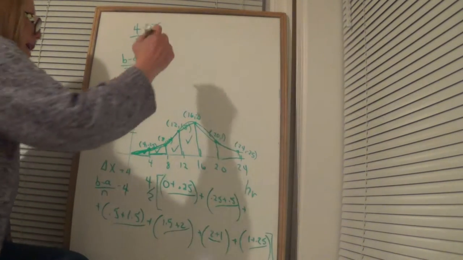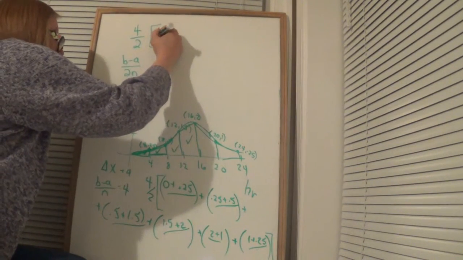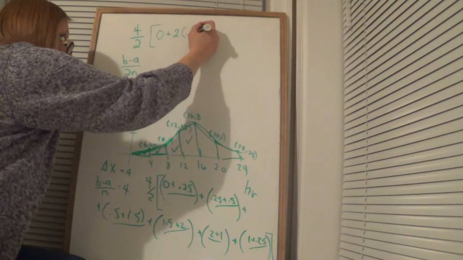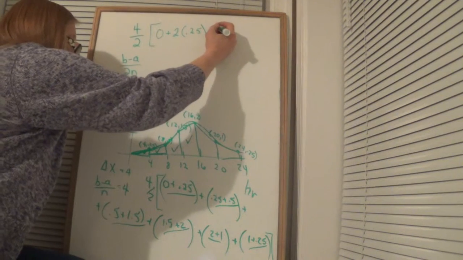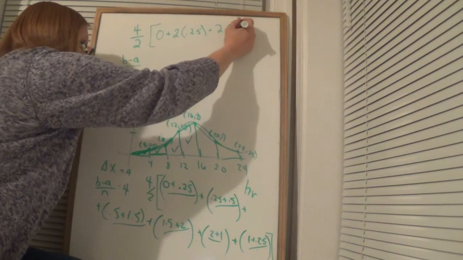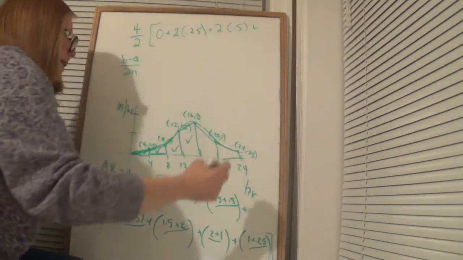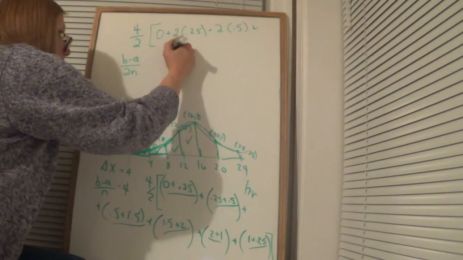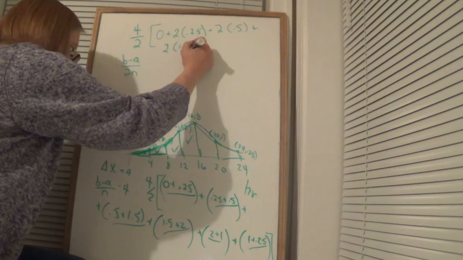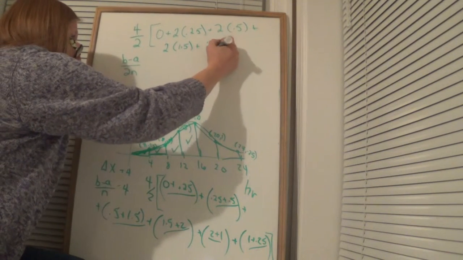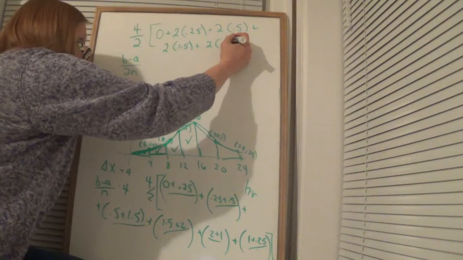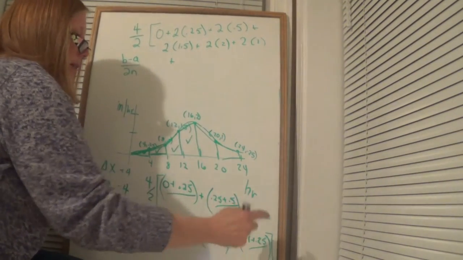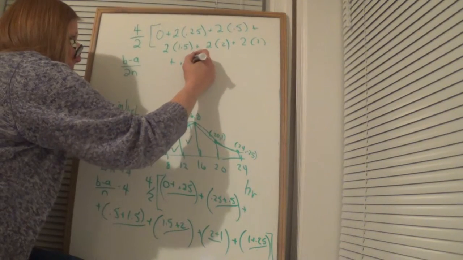So I'm going to indicate that by 0 appearing once, 2 times 0.25 plus 2 times 0.5 plus 2 times 1.5 plus 2 times 2 and plus 2 times 1, and then that last one just appears once.